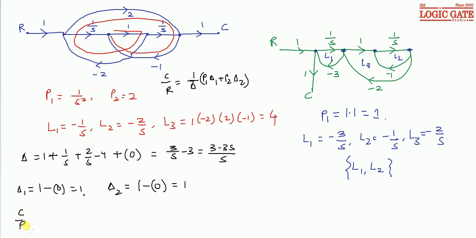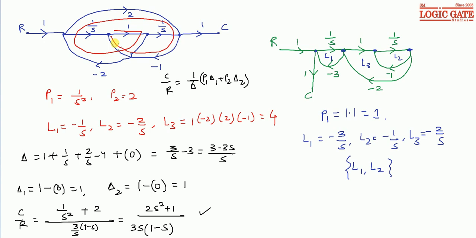So C by R is P1 del 1. P1 is 1 by S square, del 1 is 1, plus P2 is 2, del 2 is 1 divided by del. Del is 3 upon 3, 1 minus S by S. So this is 2 S square plus 1 upon 3s into 1 minus s. So this is the closed loop transfer function for this signal flow graph.